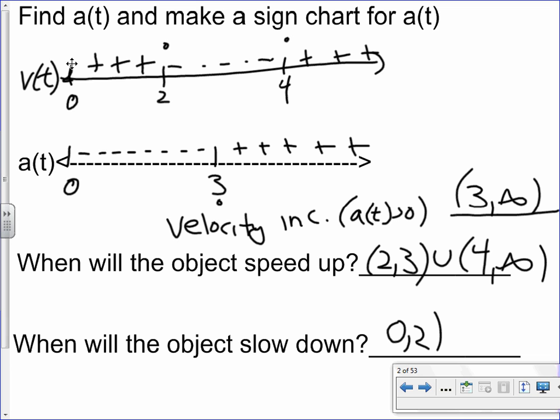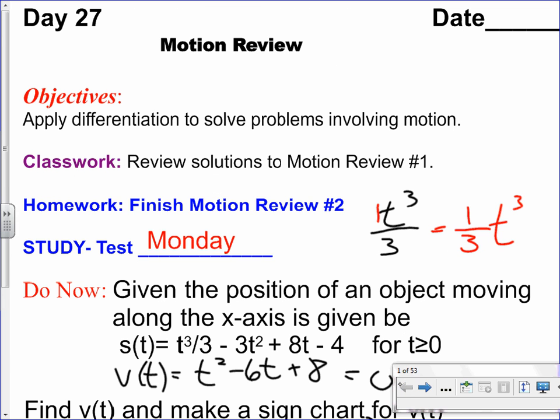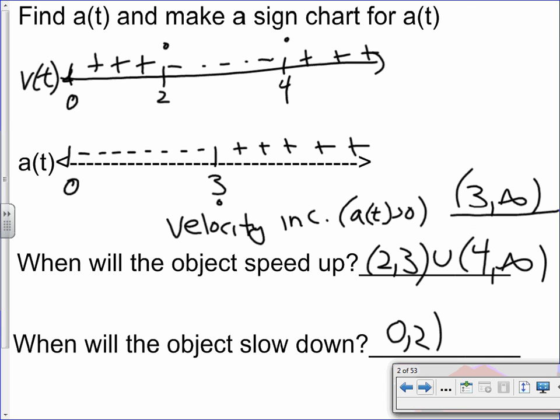Now at 0, if you plug 0 into your velocity function, I've got to look back at that. You're going to get positive 8. I just want to see if I need a bracket or a parenthesis. It's not a big deal. So the velocity at 0 is positive 8.